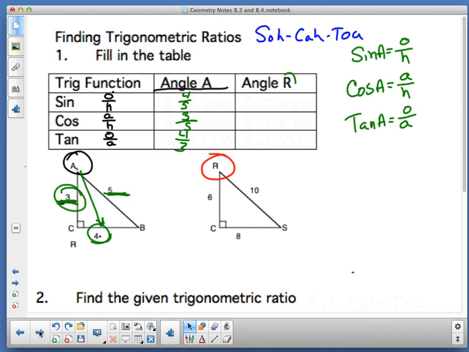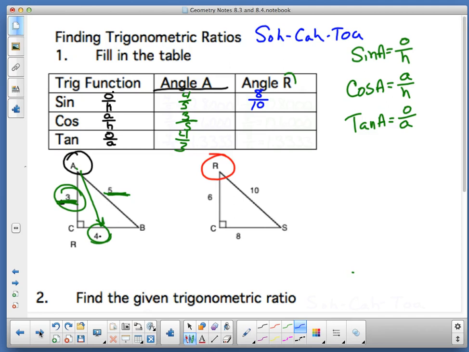Okay, remember, it's all about position. If I'm on angle R, I'm looking at opposite over hypotenuse, 8 over 10. Now, I know some people are like, boom, reduce it. Right now, I'm happy you got the right numbers in the right spots. I'm not worrying about reducing right now. In the future, I will, okay? But right now, I just worry about the numbers.